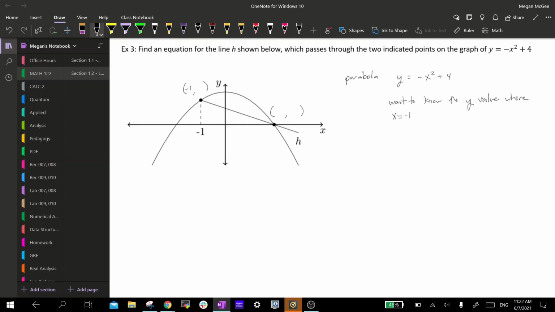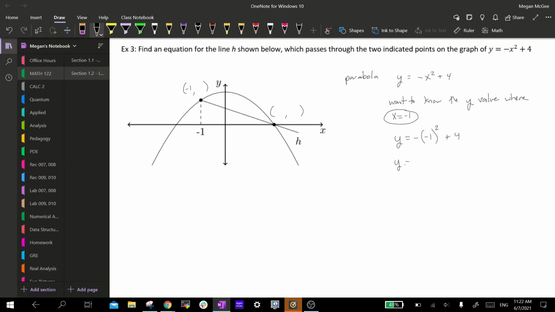So what we're going to do is plug x is equal to negative 1 into our equation of the parabola. Alright, so we get y is equal to negative. Always be extra careful when dealing with negatives. So that's why I put this negative 1 in parentheses before I raised it to the second power, plus 4.